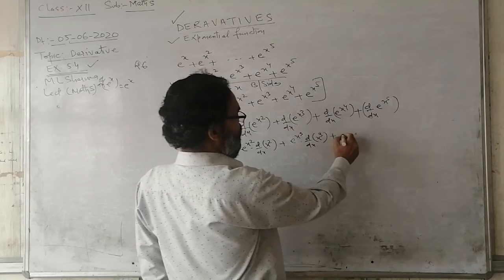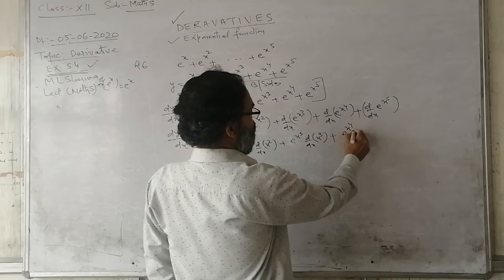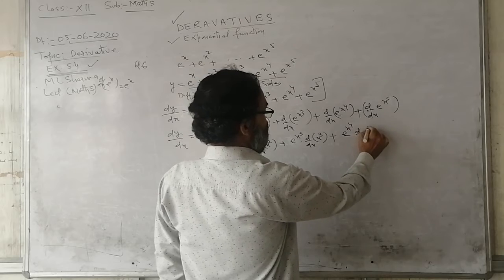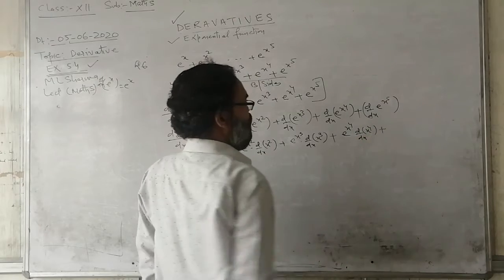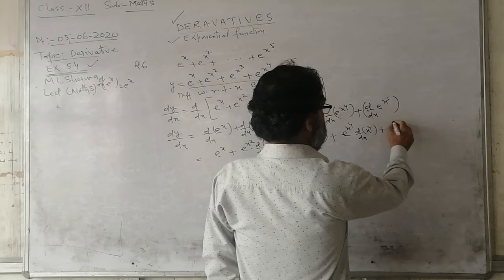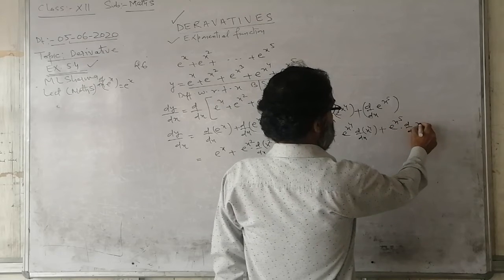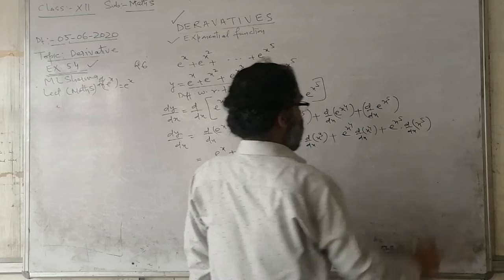In the same way, e^(x⁴) into the derivative of x⁴, and lastly e^(x⁵) into the derivative of x⁵.